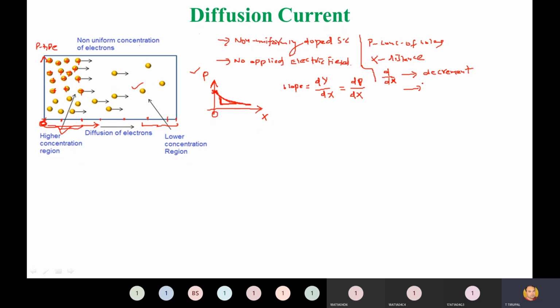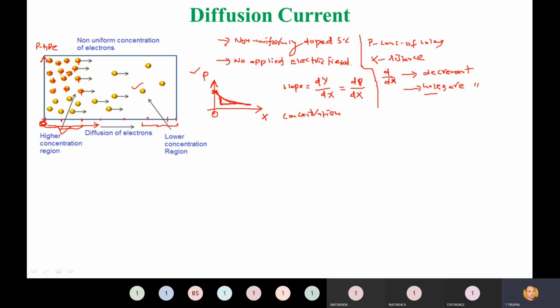So holes are decremented from x is equal to 0 to x is equal to some value. Holes are said to be a concentration. So this dp by dx can be written as the concentration gradient.